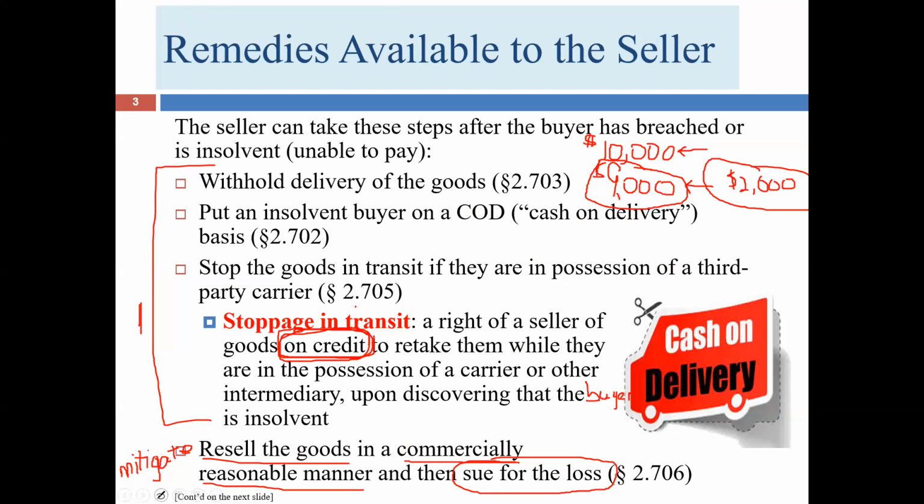So we're going to look at, we'll start with 703, the withhold delivery of items.